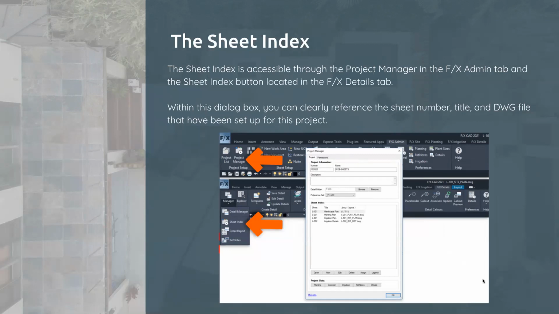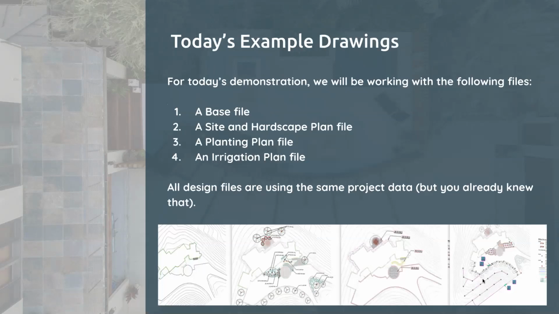And within this dialog box, you can clearly reference the sheet number, title, and DWG associated with that sheet as it has been set up for that project. So we try to make it really clear with what's going on here with your sheets. In today's example drawings, I will be working with a very simple drawing setup, just to keep everything real simple and easy to understand.